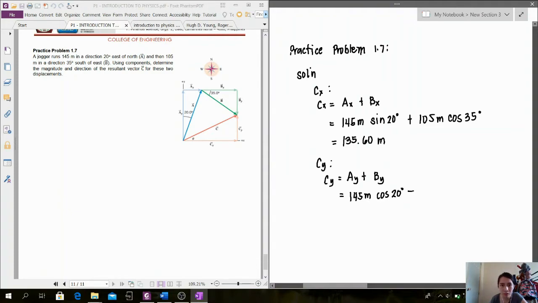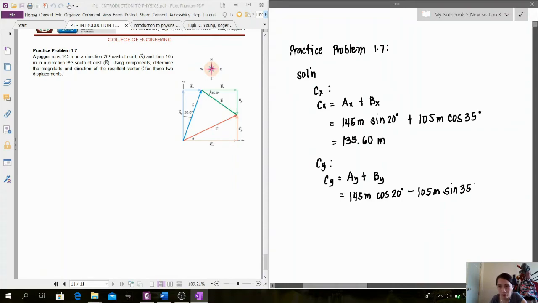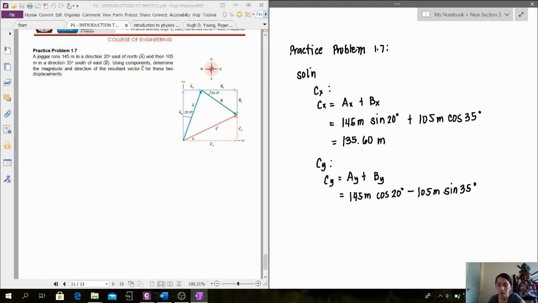So minus 105 meters times, since the y component is opposite the 35-degree angle, we'll use the sine function. Sine 35 degrees. So 145 times cosine 20 minus 105 times sine 35.